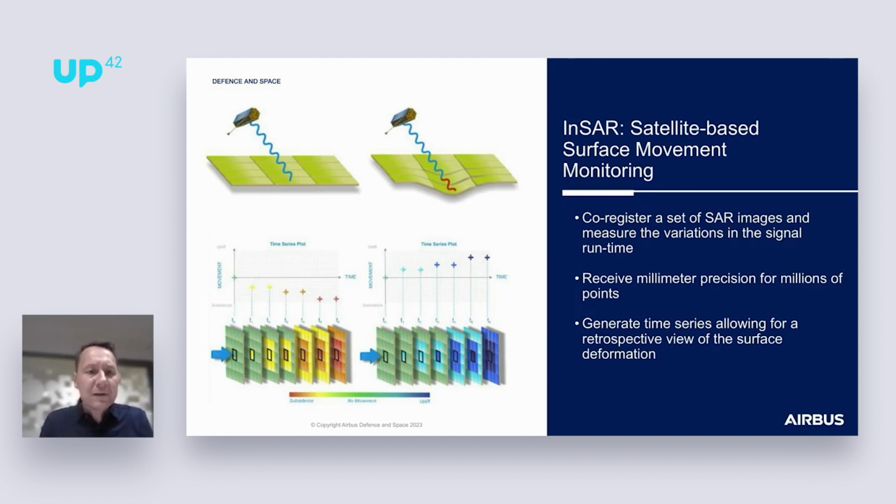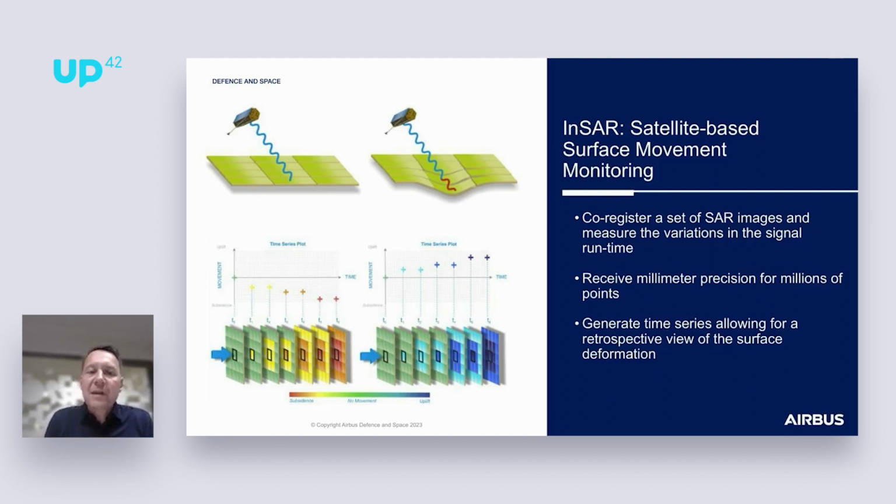The core principle is quite straightforward. So you take a couple of SAR images, either from satellites or from airborne, but let's speak here about the satellite imagery. You take them, you co-register these images very, very precisely, and then you measure the runtime differences between different acquisitions.